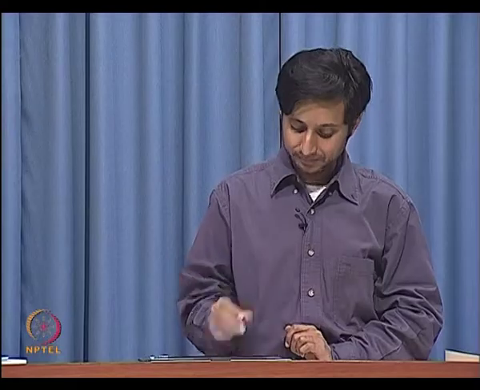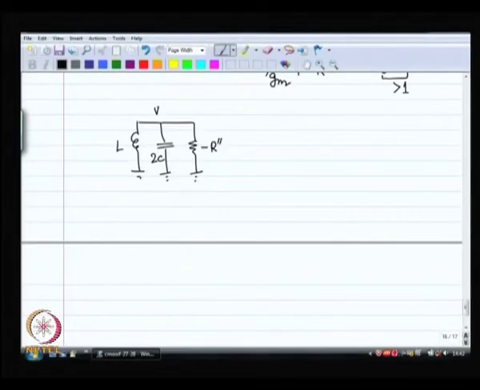Let's say this is voltage V, and I am going to find out, if I apply a voltage V, what is the current I that goes in.